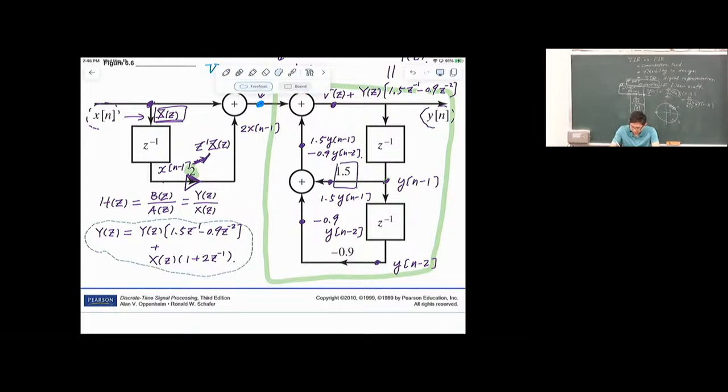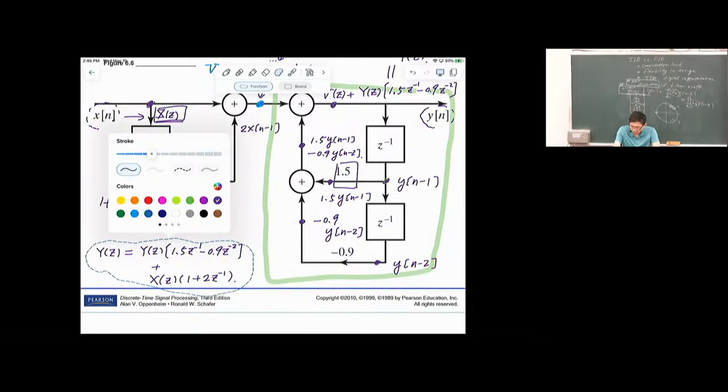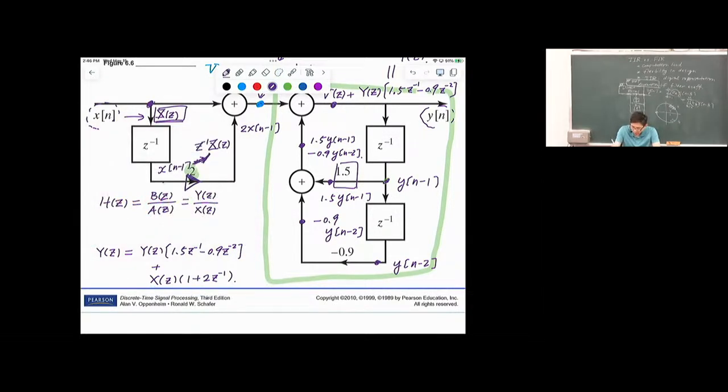Therefore, we now have a final answer. Y of z divided by X of z should be equal to 1 minus 1.5 z inverse, that's the A of z part, and on top we have 1 plus 2 z inverse.